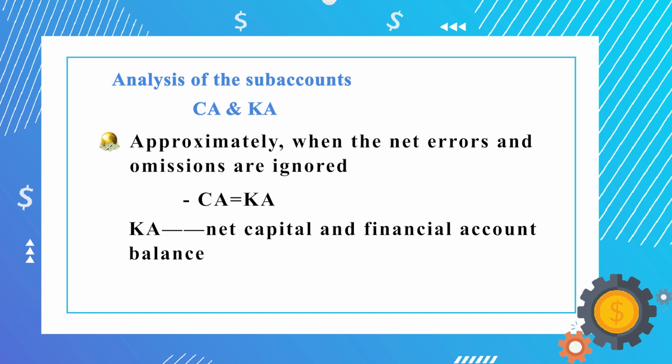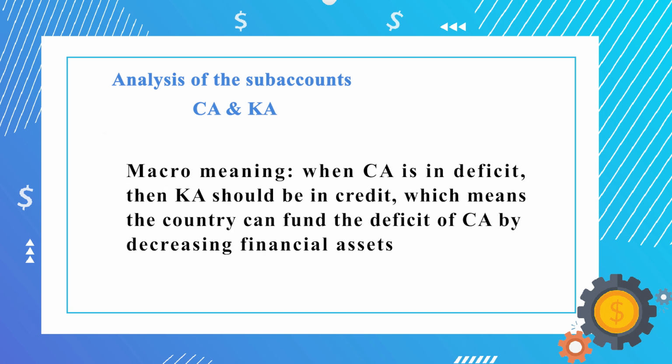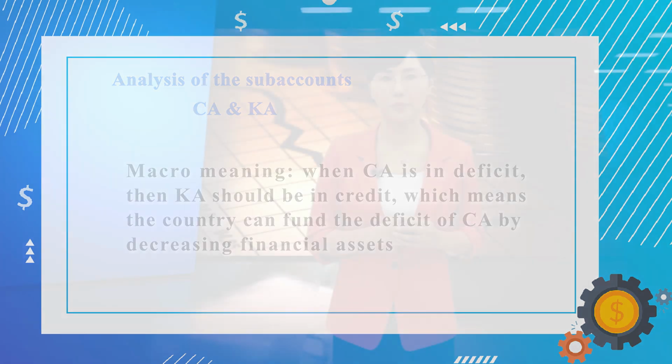In the formula, KA represents net capital and financial account balance. The macro meaning is that when current account is in deficit, then net capital and financial account balance should be in credit, which means the country can fund the deficit of current account by decreasing financial assets.